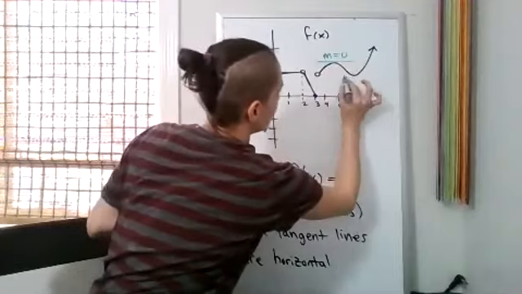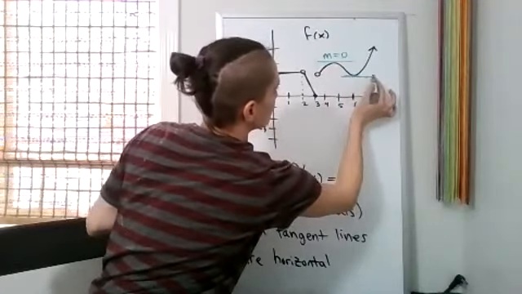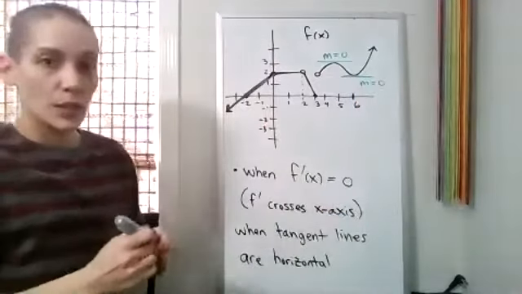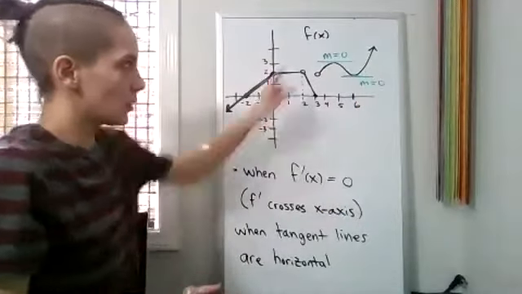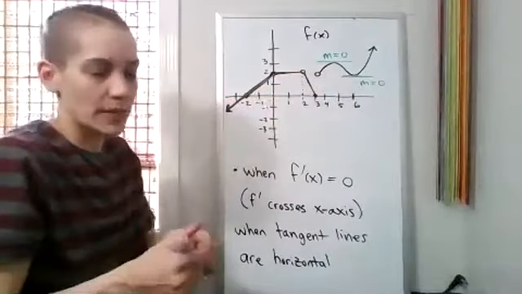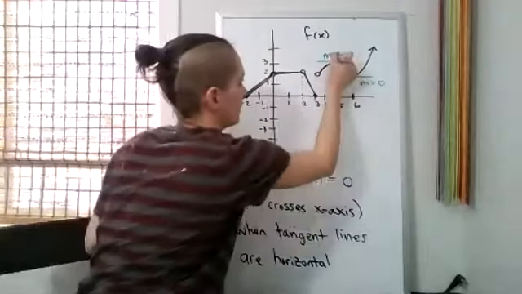Same with the one right here. So f prime is going to cross the x-axis right at 5 and 6. I'm going to mark those now, but we'll come back to them in a minute.